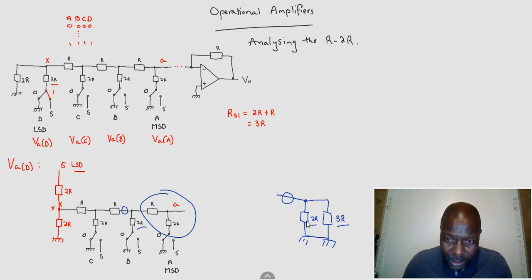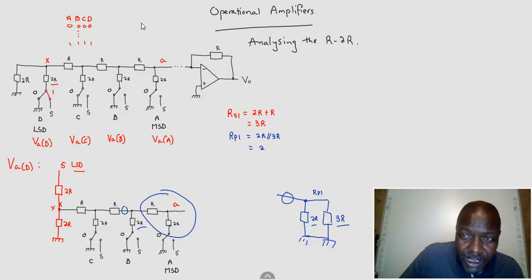So we need to work out what I will call R parallel 1. So R parallel 1 is simply equal to 2R parallel to 3R. Remember parallel resistors. How do we add parallel resistors?